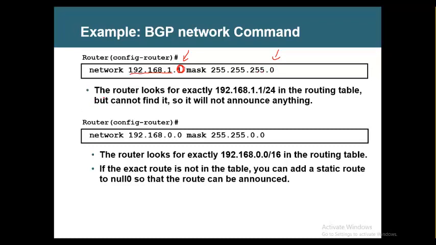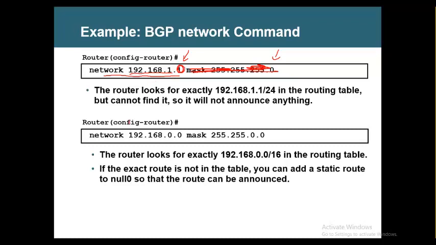If you have a route in the routing table 192.168.1.0, you don't need to really say the mask because it's a default mask. If it is seen in the routing table, it will advertise. If it is not seen, it won't get advertised.